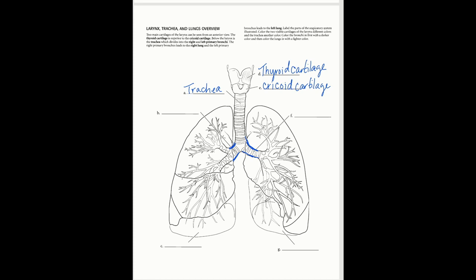If you've ever had bronchitis, that means that you had inflammation in this region of your lungs. And so F is looking at the left primary bronchus. And B is looking at the right primary bronchus.